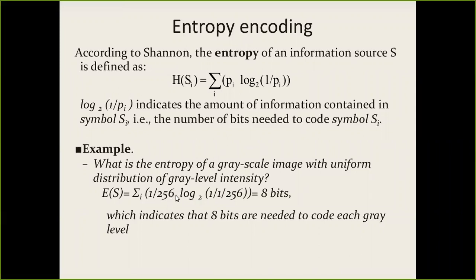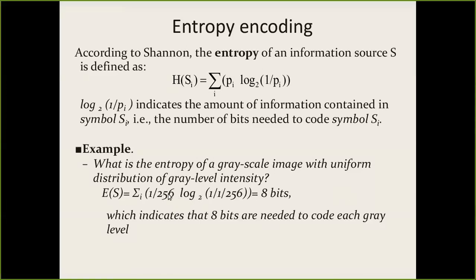1 over 256 times the logarithm of 1 over 1 over 256 to the base 2. 1 over 1 over 256 means the logarithm of 256 to the base 2. Since we are summing over 256 colors, we are summing 1 over 256 times the logarithm 256 times.